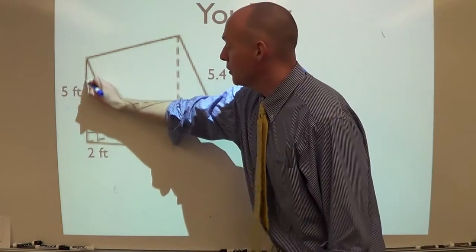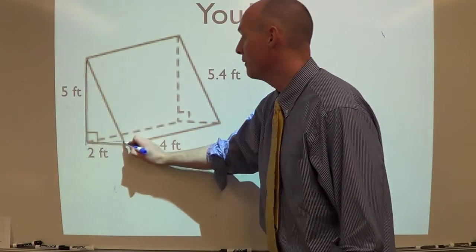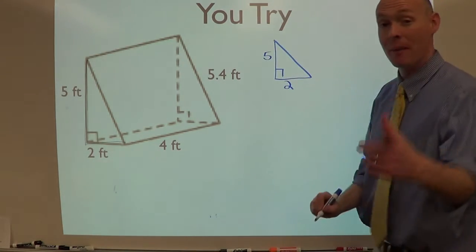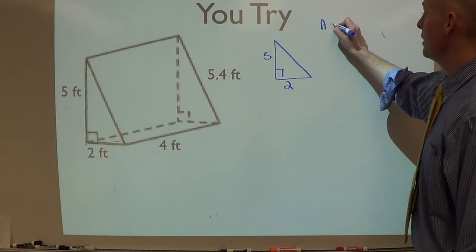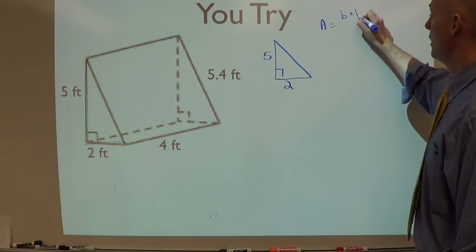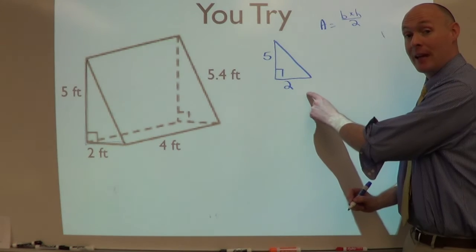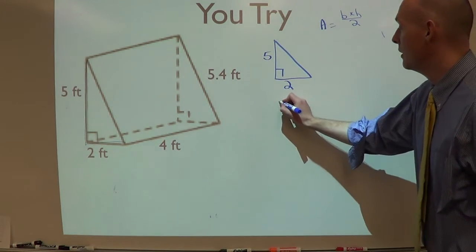Our measurements for the first one are 5 and 2. And remember, for a triangle, area equals base times height divided by 2. So first step, you got to find the area of the front triangle.